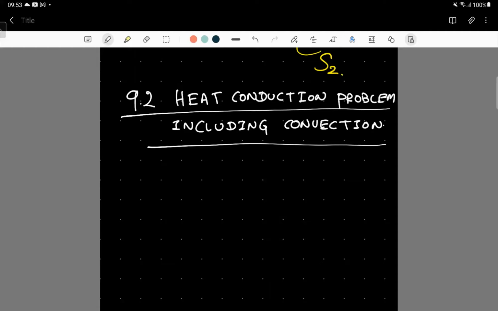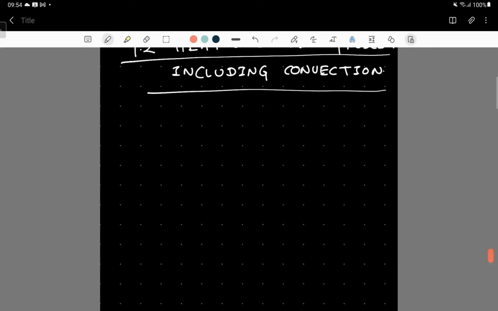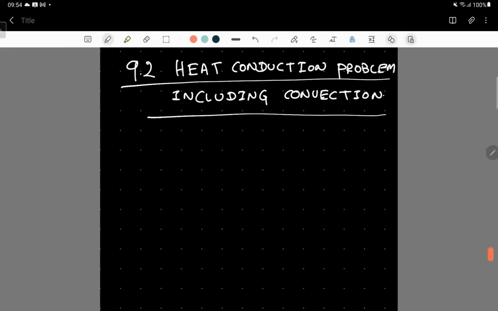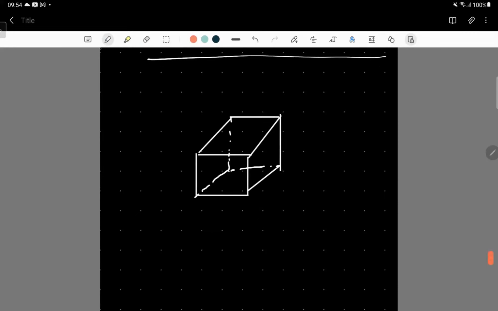So let's try to include this effect of convection into this heat transfer problem. We can consider a one dimensional control volume, which includes heat conduction and also convection. As in the previous case, let's consider a cubic control volume. So it's a cube, actually.